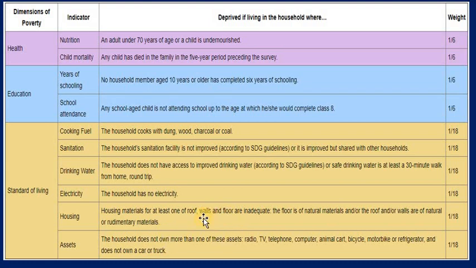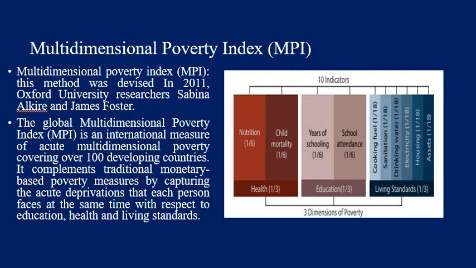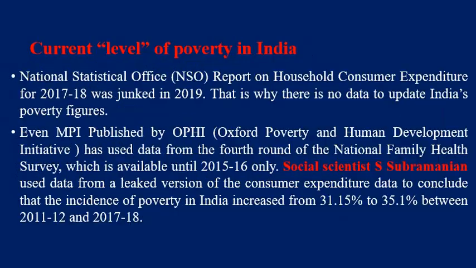So these are certain deprivations for particular households, given a weightage of one third to each dimension, each individual health and education indicator 1/6, followed by standard of living indicators 1/18. Based on that, they calculate the international multidimensional poverty index.